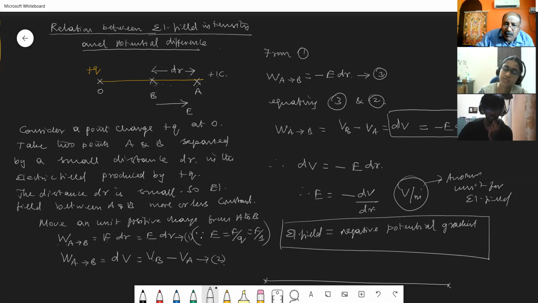Now, I have to move this unit positive charge from A to B.